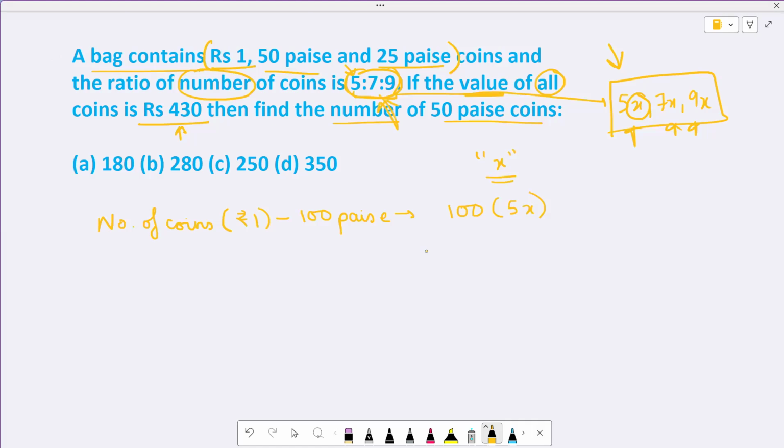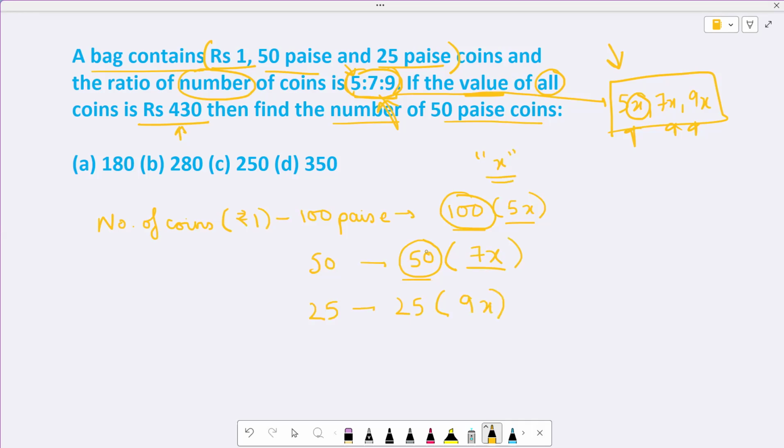5:7:9. So 5x. Similarly, for 50 paise, it will be 50, that is the value of the coin, multiplied by the ratio of the number of coins. The number of coins multiplied by value will give us the actual value or the amount that we're talking about. Then 25 paise coins will be equal to 25 multiplied by 9x.